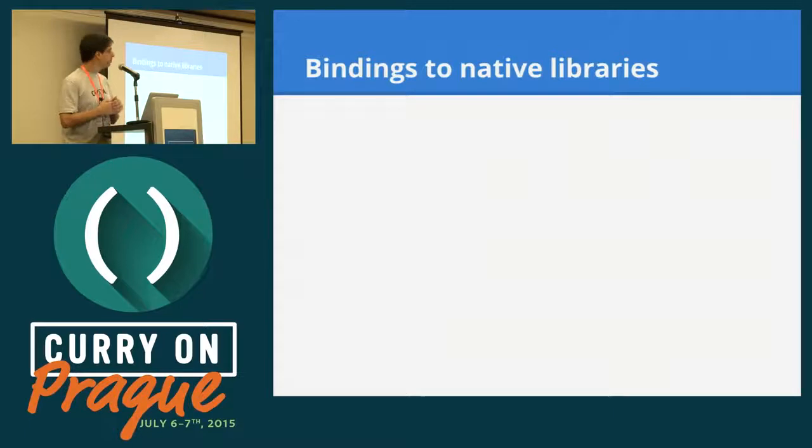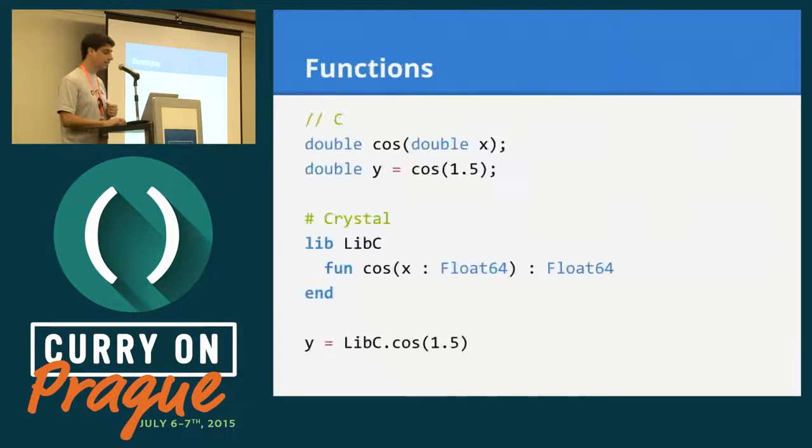And finally, as I said at the beginning, Crystal is completely bootstrapped right now. I mean, it's self-hosted. Everything is written in Crystal. So if we want to communicate with the external world, I mean, the native libraries of the operating system or the standard C library or things like that, we needed to add some way of declaring those external libraries.